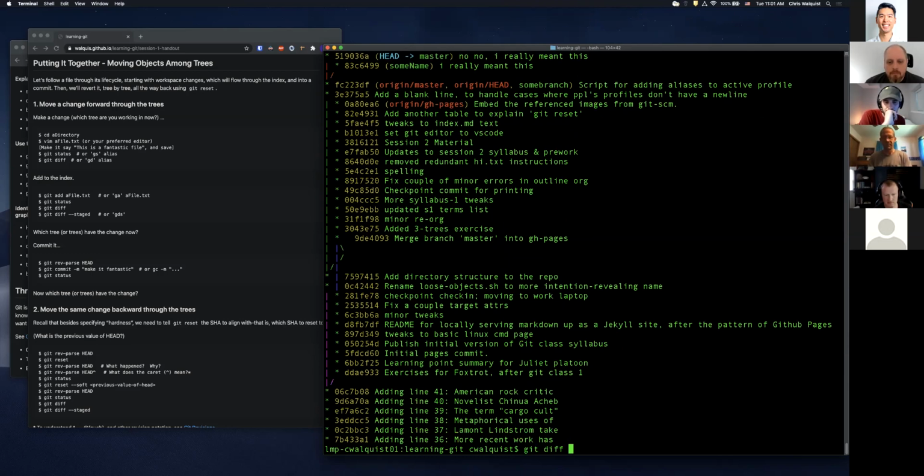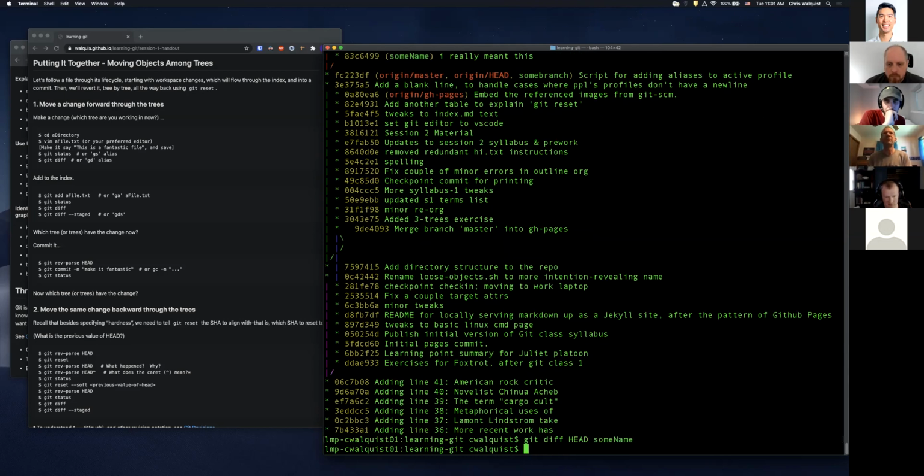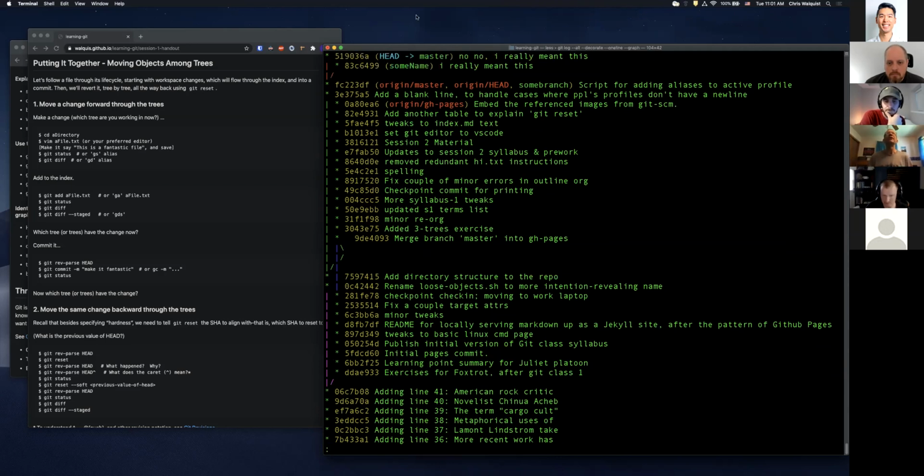If we diff head with some name, same content, exactly as far as the blobs and trees are concerned. But the commit has other stuff in it, right? It has a different timestamp, has a different comment, et cetera, et cetera.